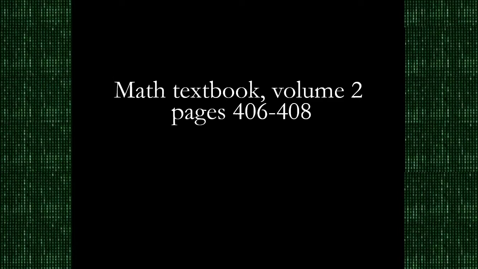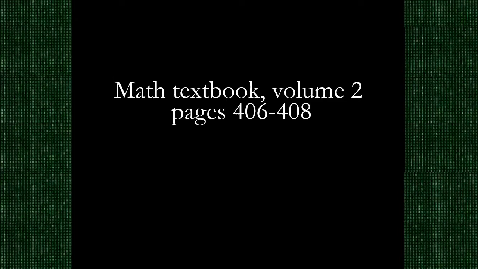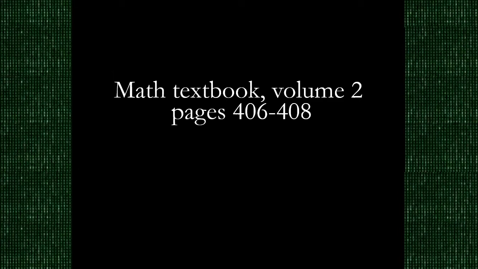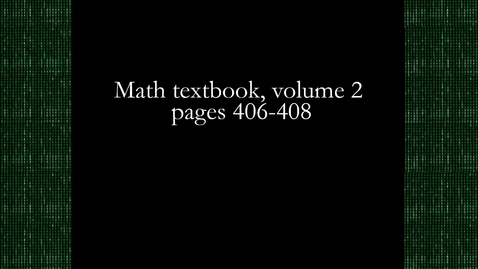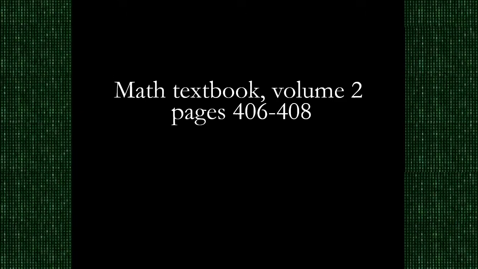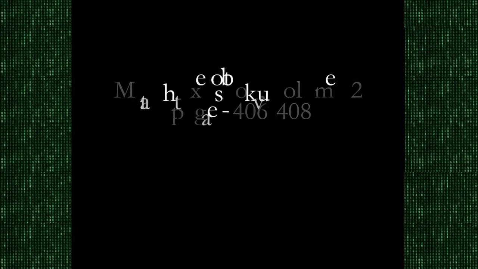So your work for today is to go into your book, volume 2, and to complete pages 406 through 408. And then when you're finished, go to the Envisions website and complete the quick check activity for today and any old ones that you haven't finished yet.